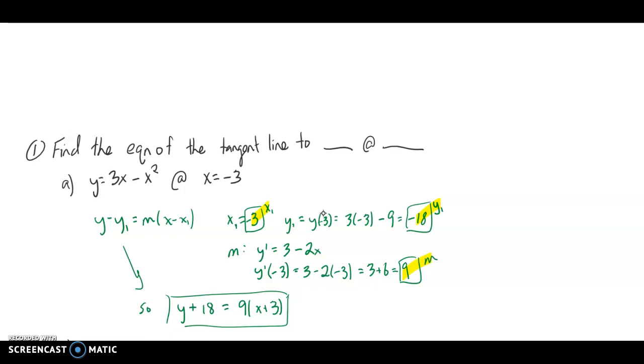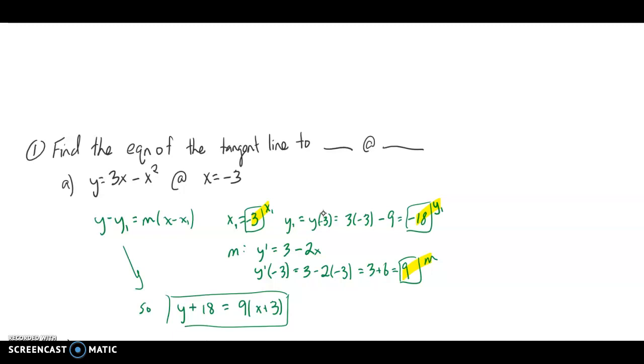For m, I'm going to find y prime and then plug in that -3. So y prime, I do power rule. This guy derives to 3. This guy, the 2 comes out front, reduce it by 1, so we get 2x. So y prime of -3, I plug -3 in. I get 3 minus 2 times -3, which gives me 3, and this guy is 6.